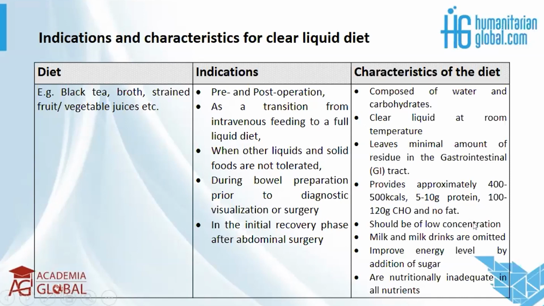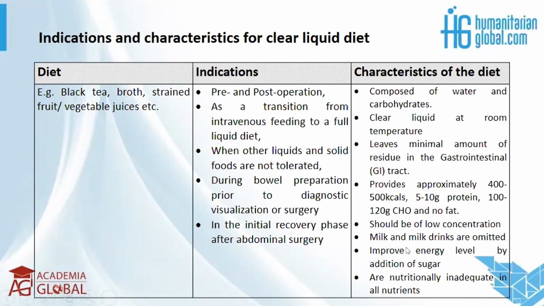What are we saying there? For example, if it is black tea, it should not be so concentrated, not too much black tea that is soaked. It should be dilute, that's what we are saying. Then you are being told here, because most people make mistakes, that milk and milk drinks are not allowed in these clear liquid diets.